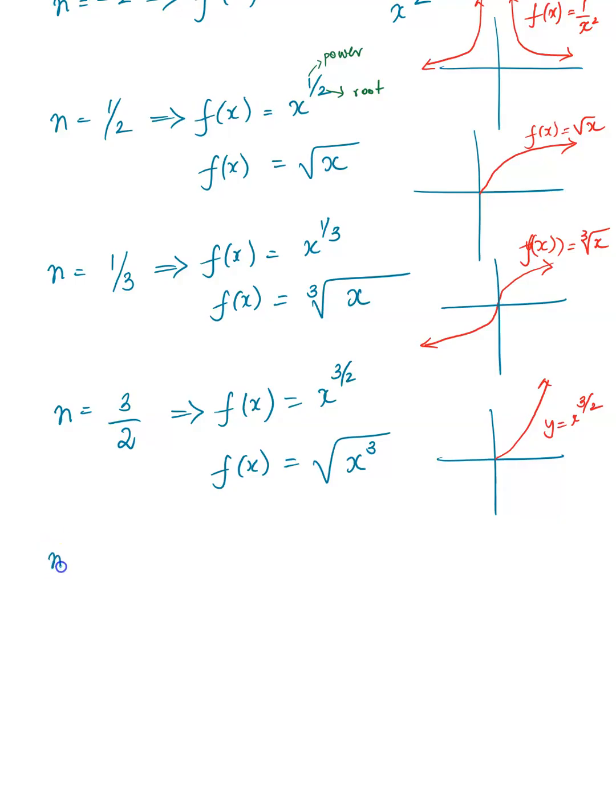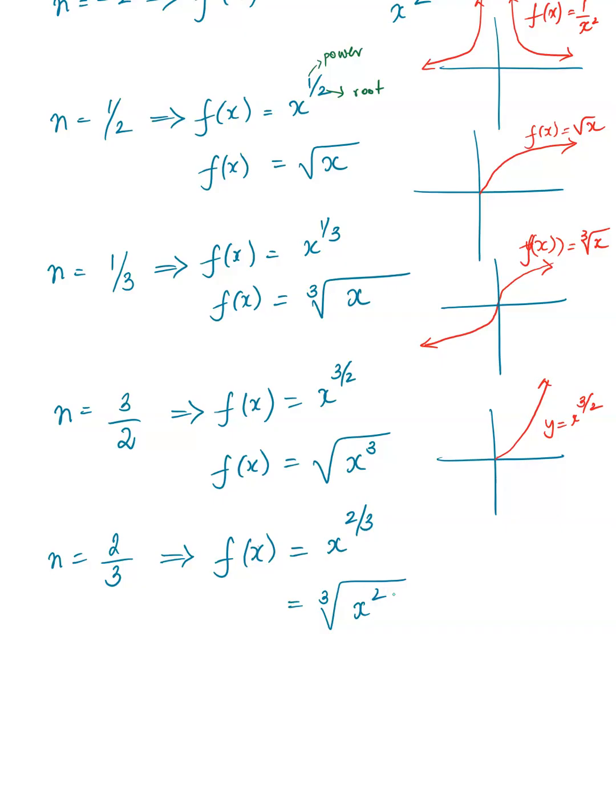All right, what happens if n equals 2 over 3? This is going to look a little more complicated because this becomes algebraic at this point. 2 over 3. And so it's cube root because that's the bottom. So cube root of x squared.